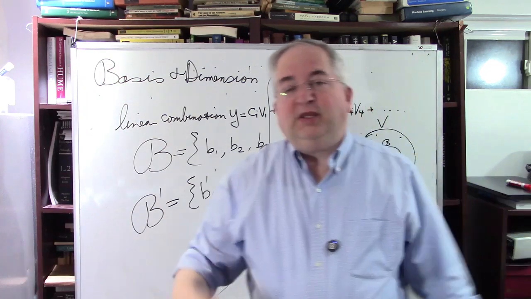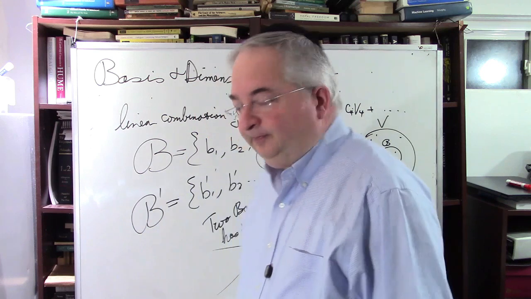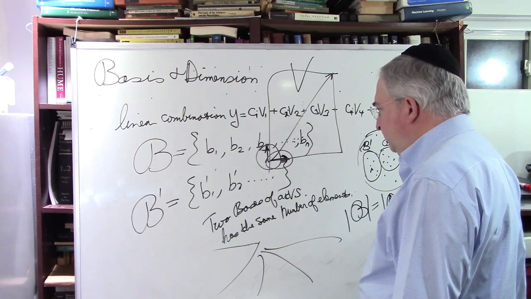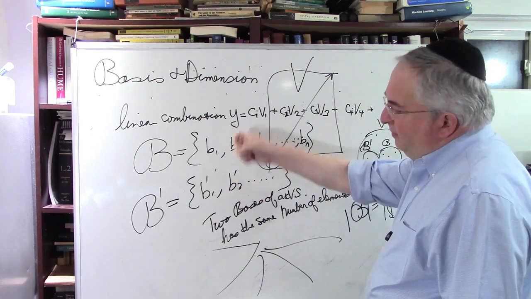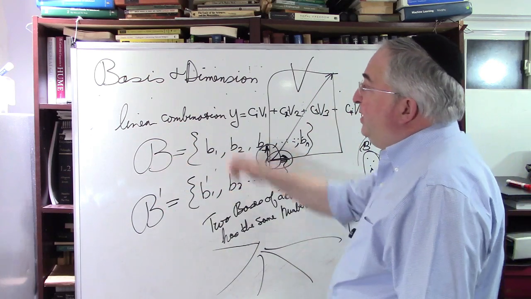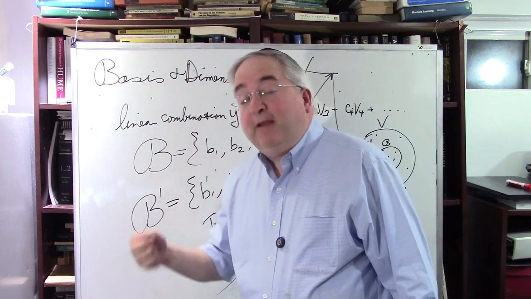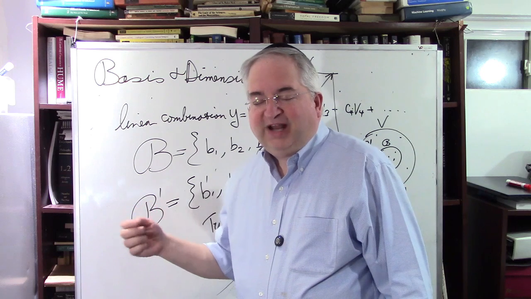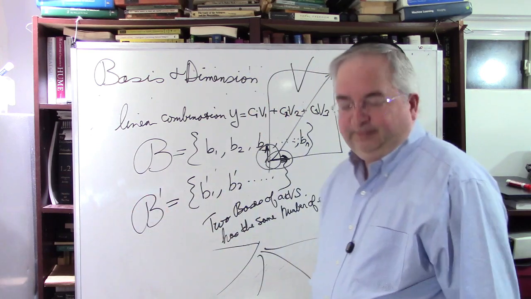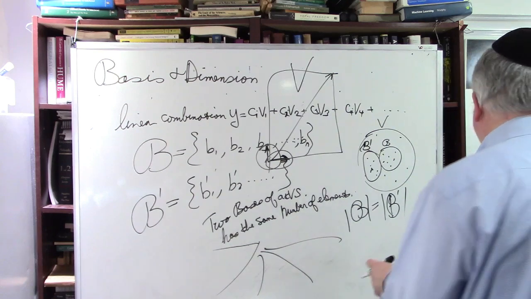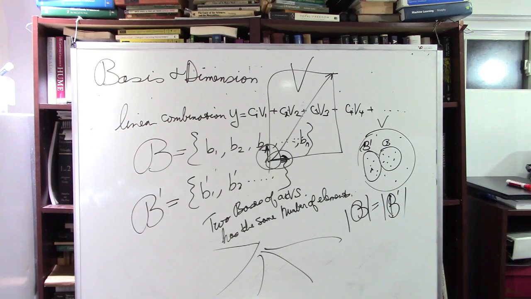This room is a 3-dimensional space. Because the number of vectors in one basis is the same as in another, I can say the number of elements in any basis is the dimension. So it's a well-defined notion.